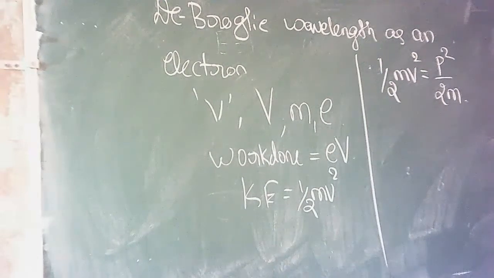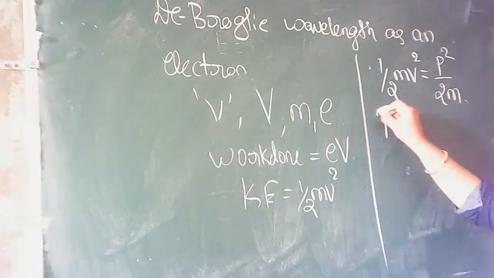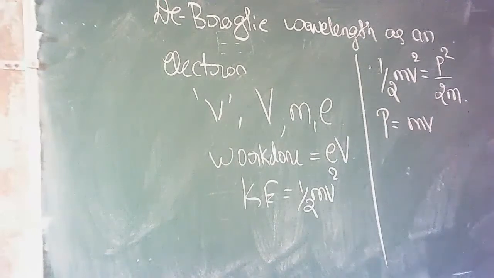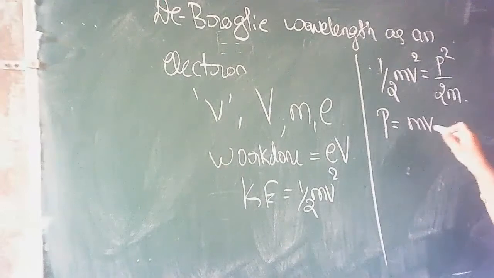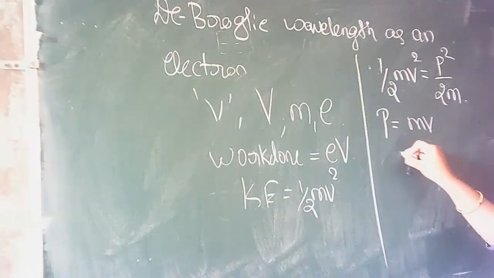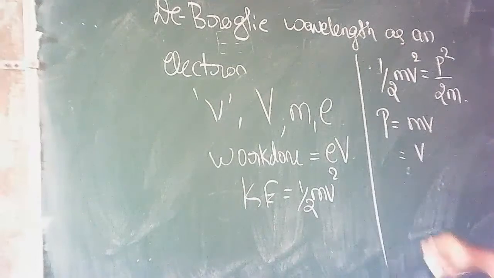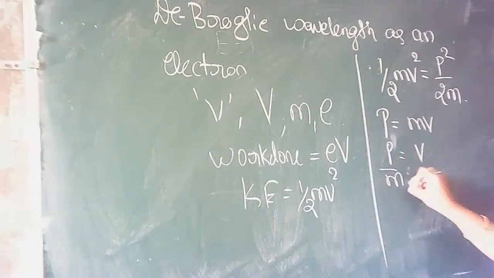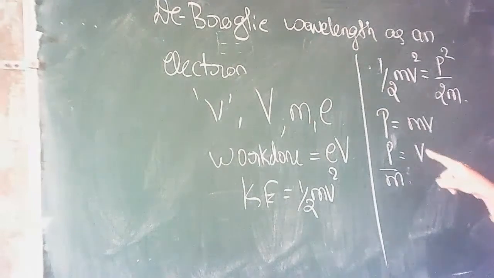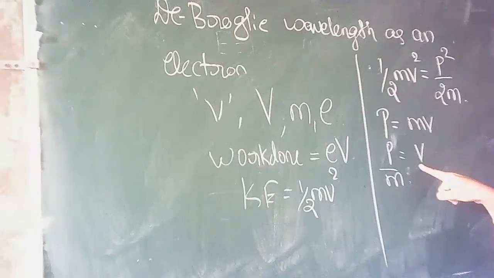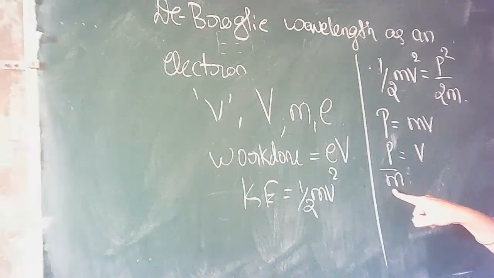Shall I explain? See here, we have momentum is equal to mass into velocity. Therefore velocity is equal to p divided by m, momentum divided by mass.